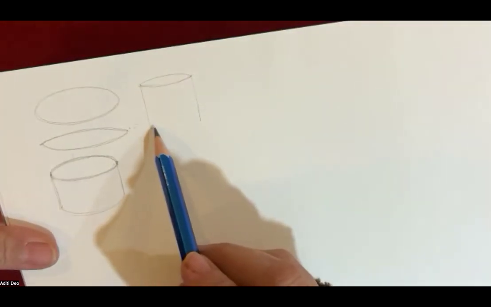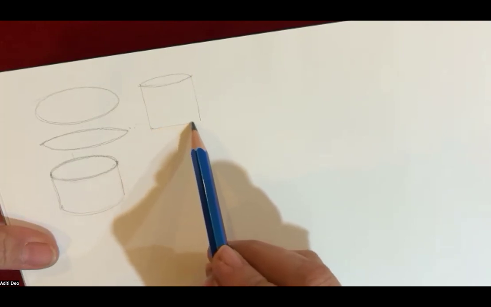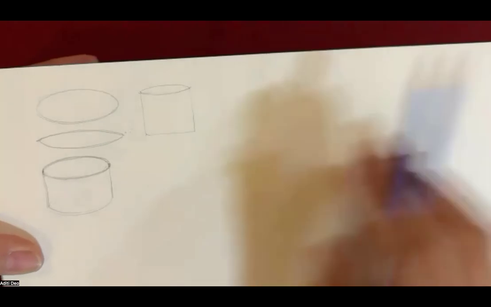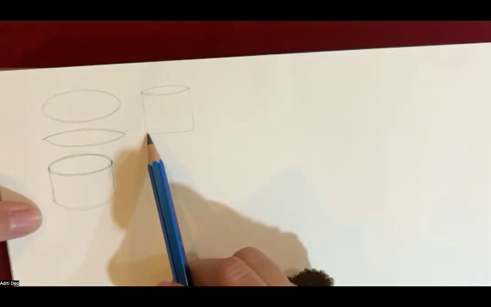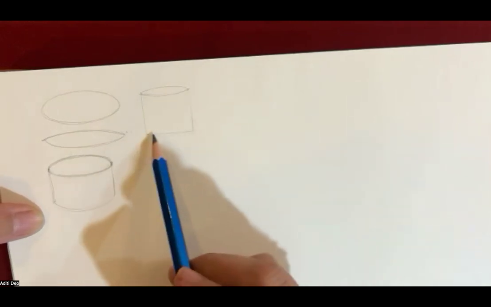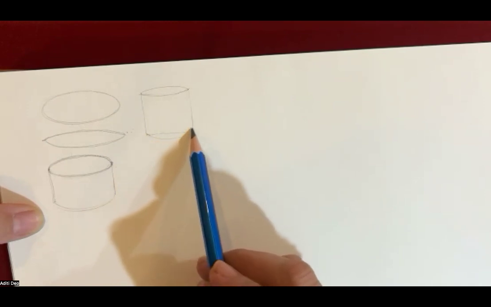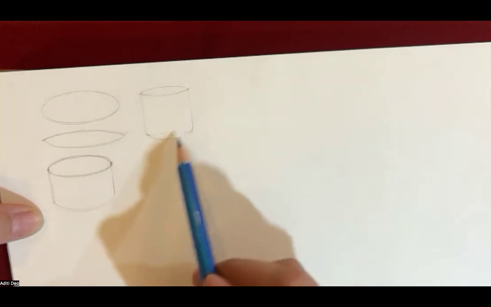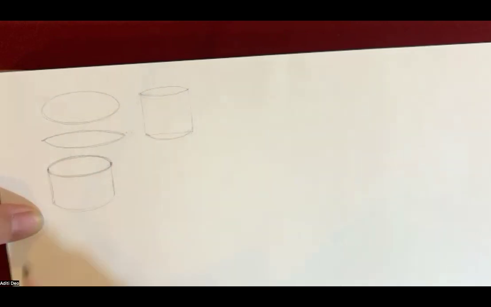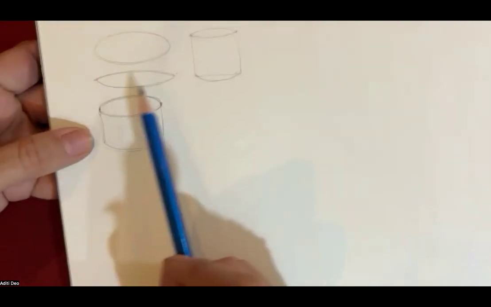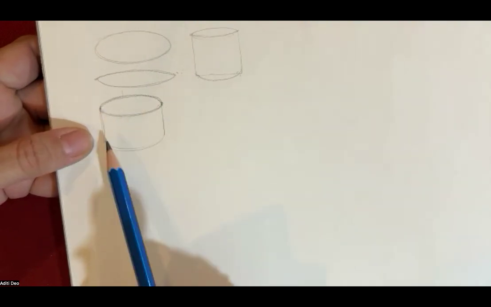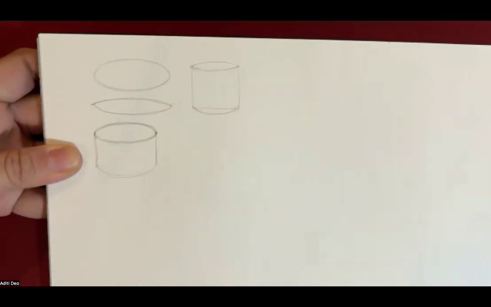There are also cases when they would make the bottom a straight line, because somewhere in your head you think that if this is a glass, it is sitting on a flat surface, so this will be flat. But visually it's an oval, and often the bottom oval is a little rounder than the top. For our purpose right now, we are going to create an oval such that the top and the bottom lines are parallel curves. Do you want to try making this?